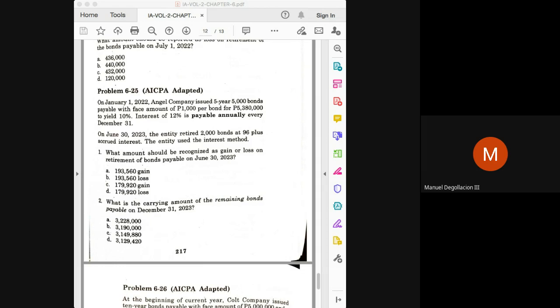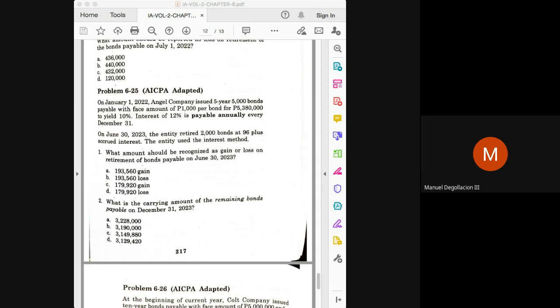This time, this is pertaining to the 3 million portion. As what we've computed earlier, the carrying amount as of the start of 2023 of the 3 million portion is 3,190,800.